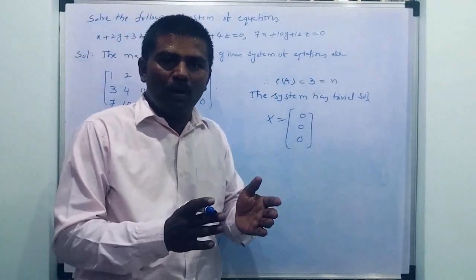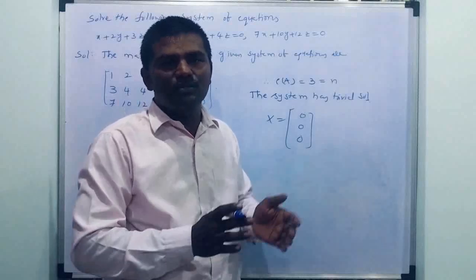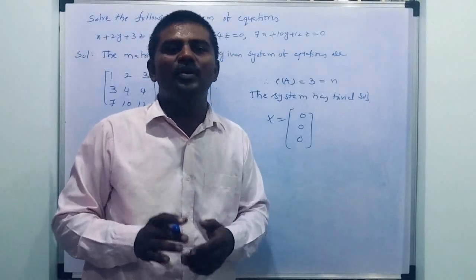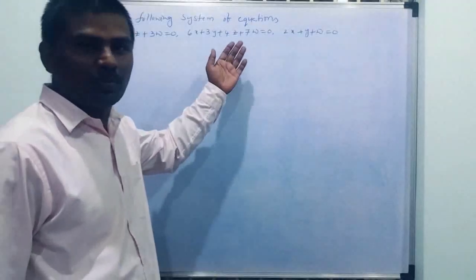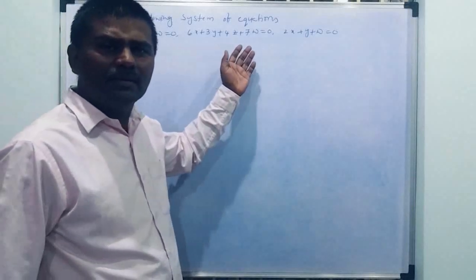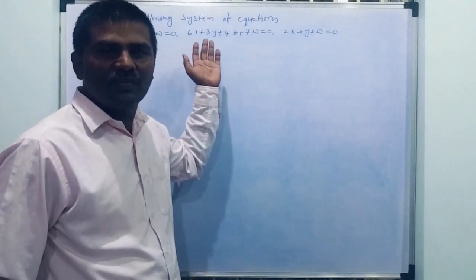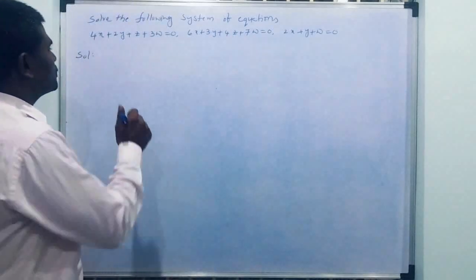Let us solve one more problem to find the non-trivial solution of homogeneous system of linear equations. Let us solve this problem. Now I am writing the matrix form of the given system of equations directly and coming to the solution.